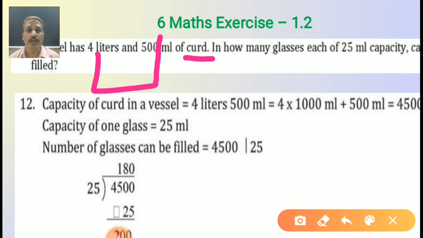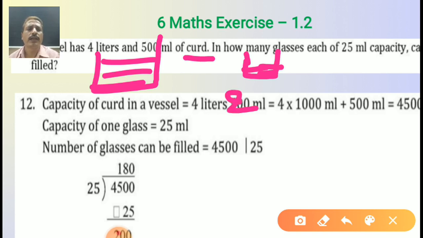Are you visiting the milkmaid shop? They are selling milk and curd. So curd is there, which is 4 liters and 500 milliliters. They are not selling this full vessel of curd directly. We are having only a little bit, so they give it in a small plastic cup, like an ice cream cup, and it has only 25 ml.